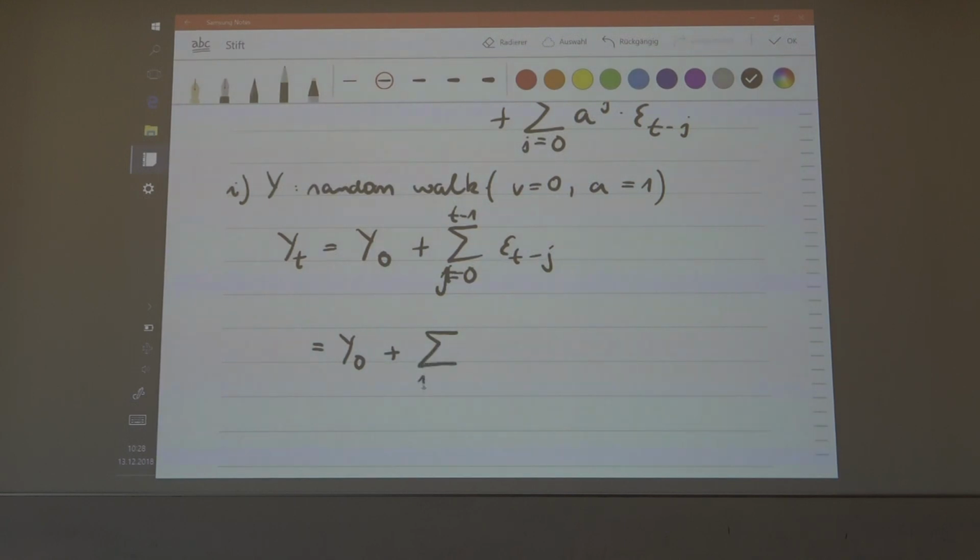You could also start at j equal to 1 and stop at t, and then you have just epsilon_j, just for the rearrangement.